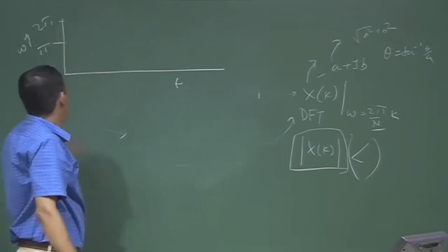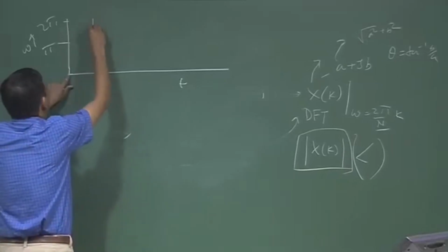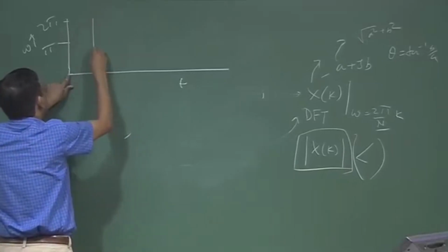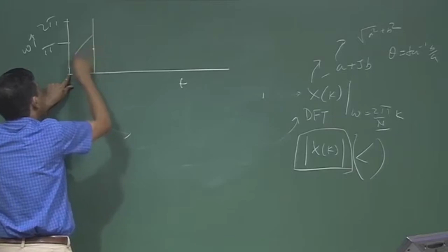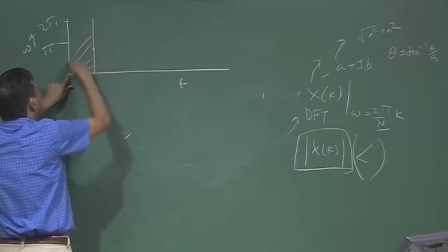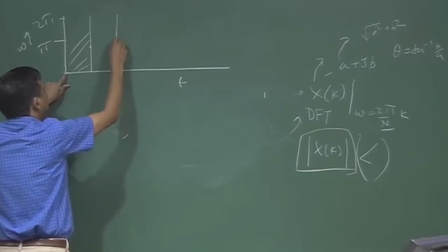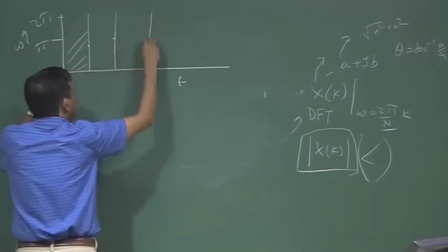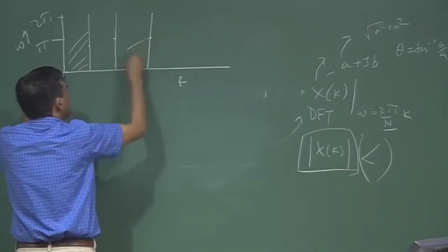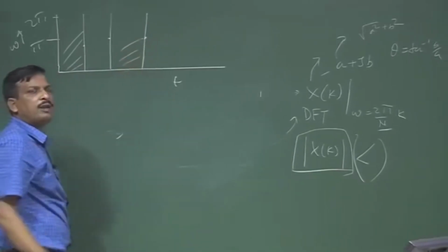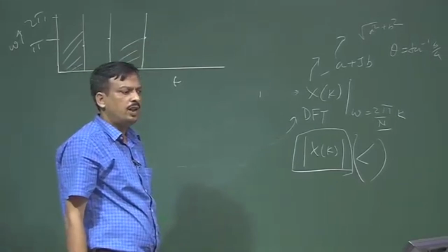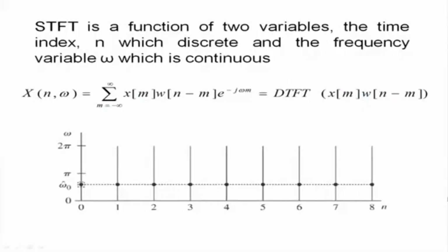I analyze, let us say, this time instant. This portion of the signal I have analyzed and got the spectra, then again I analyze for this time instant, and again for this time instant, this frame, and get the spectra.